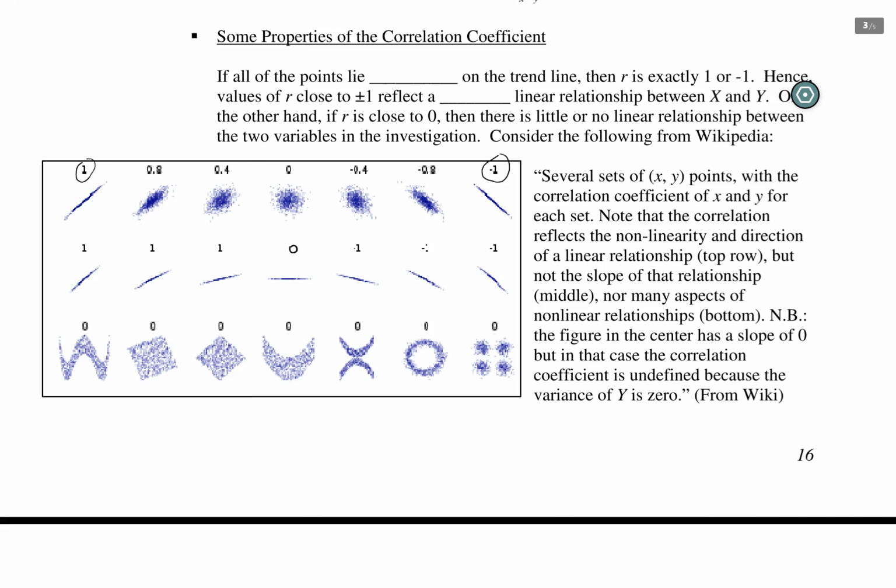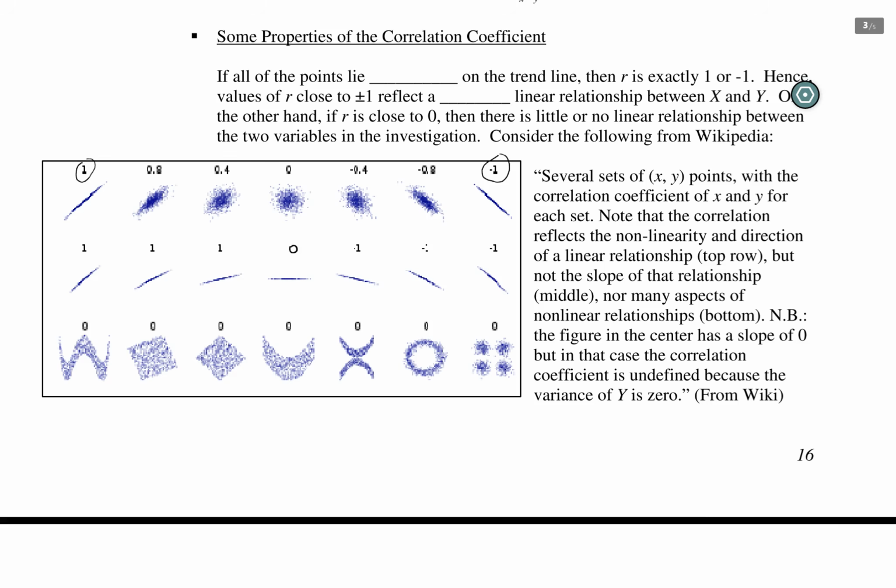The bottom row here is a bunch of scatter plots where the correlation is 0, but the patterns reflected in the scatter plot do not suggest that there's no relationship, rather that the relationship is not linear.